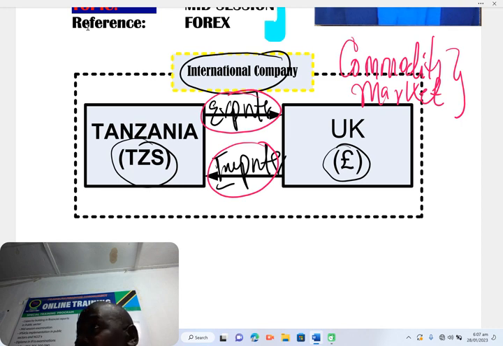If you submit documents to the tax authority about purchasing a motor vehicle from abroad, which rate are they going to use? Can you tell me? Because there is a rate when you buy a car, and there is a rate when you submit documents. Now, which rate are they using?